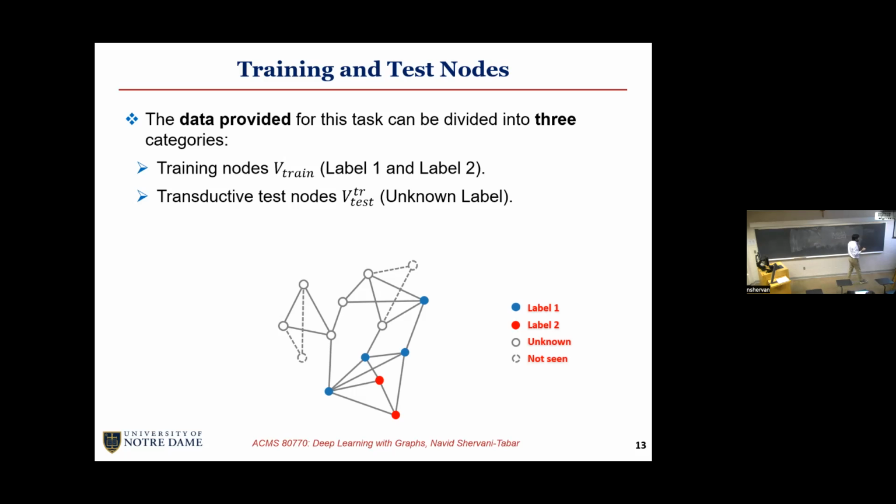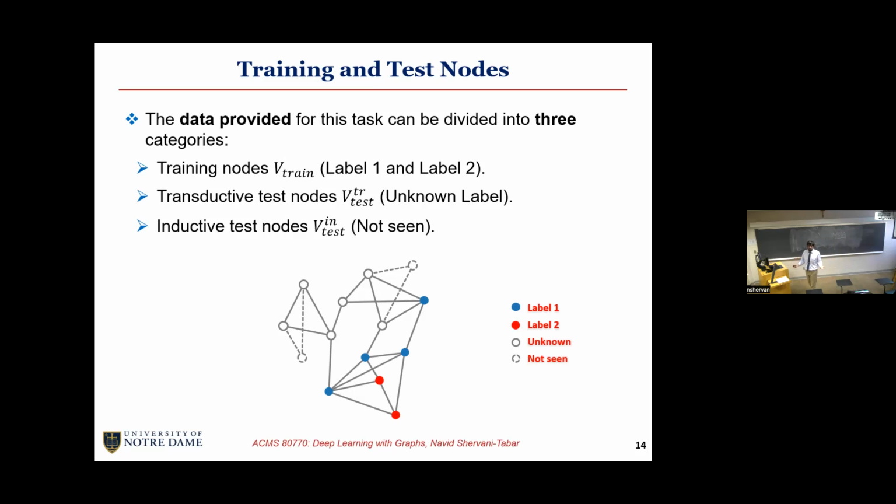We also have a third set of nodes here, and that's called inductive test nodes. These inductive test nodes are not seen during training. So when we are training our model, we don't see these nodes, and we don't see their connections to any other paper. You can think about it as papers that have not been published yet. So you're developing a model that you want to use later on.